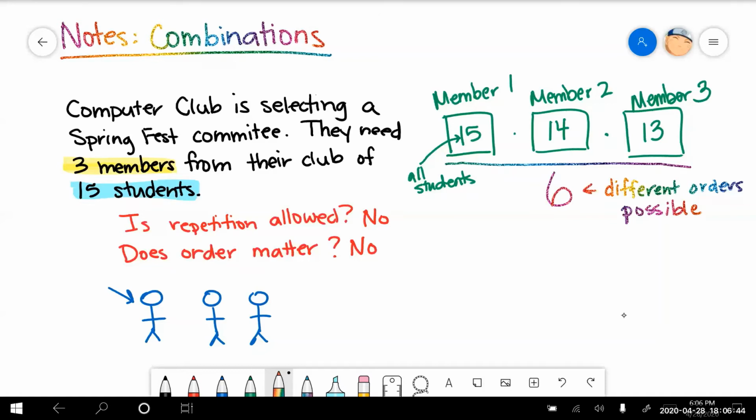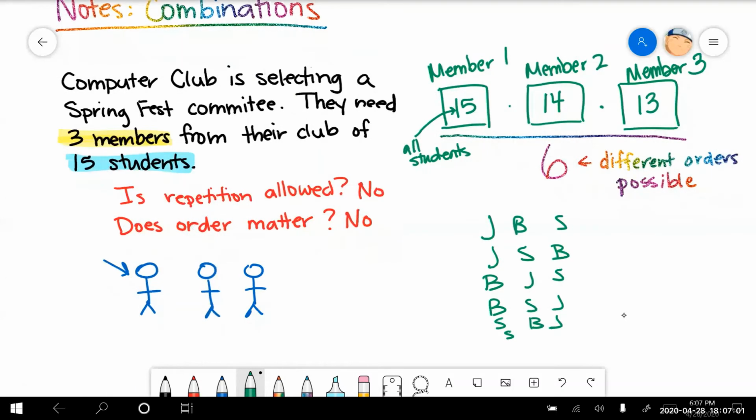Okay, so in other words, this: Joe, Bob, and Sarah; Joe, Sarah, Bob; and so on and so forth; Sarah, Bob, Joe; Sarah, Joe, Bob. Instead of counting these all as separate possibilities for the committee, 6 separate possibilities, we're dividing by 6 so that really that represents one possible committee that could be pulled from the computer club.